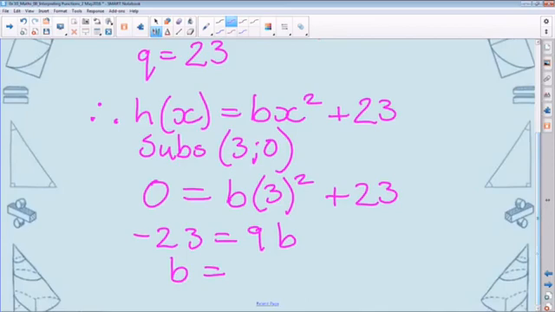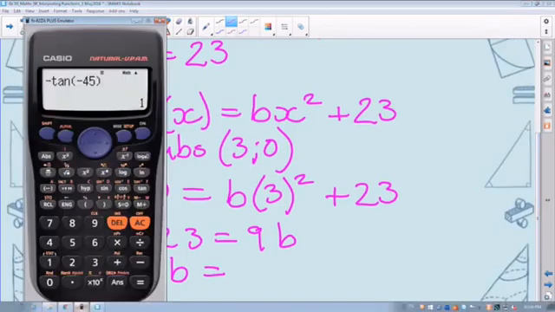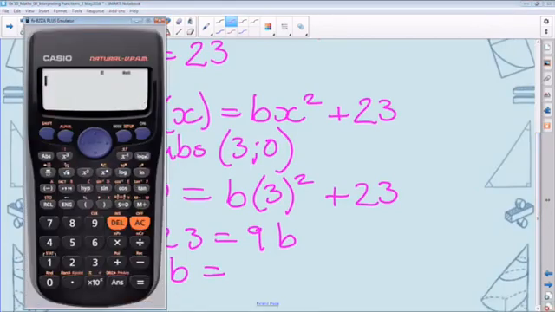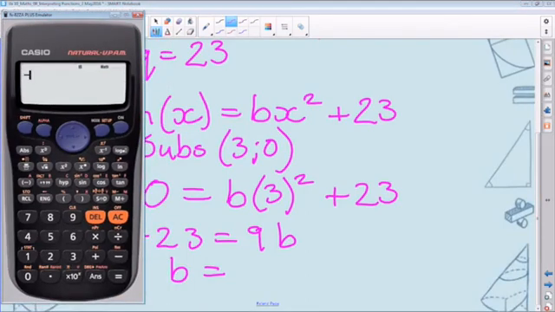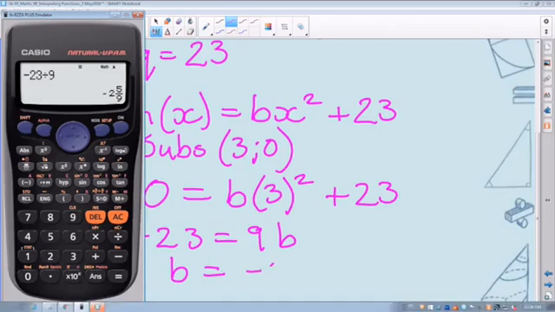That's a horrible number. I'm just going to use the calculator. And remember, calculators can always help. So -23 divided by 9 gives me an answer of -23 over 9. I could have told you that, but it's -2 and 5 over 9.